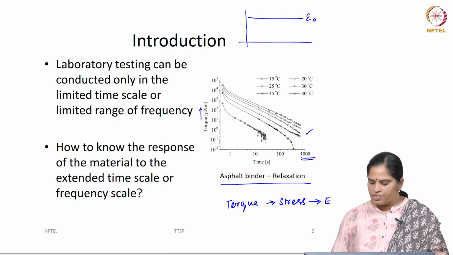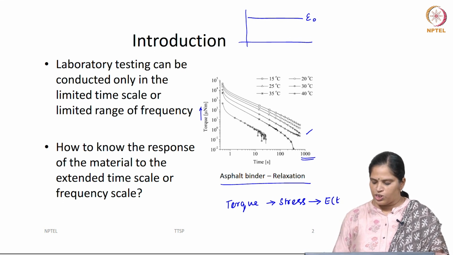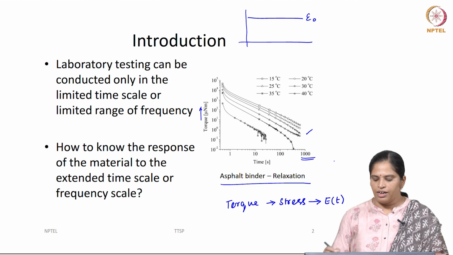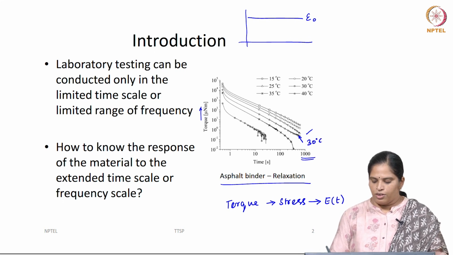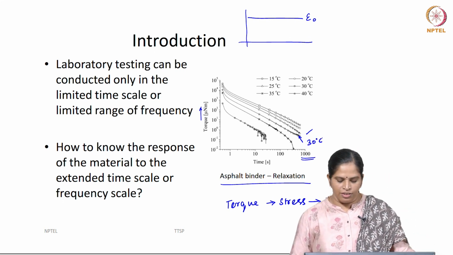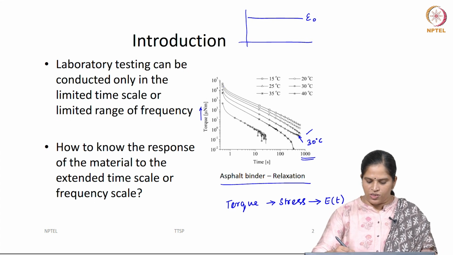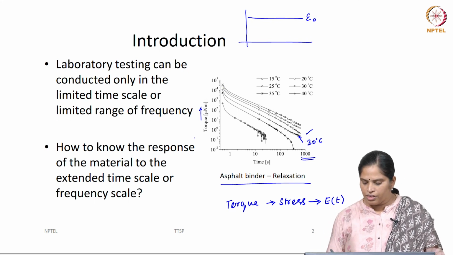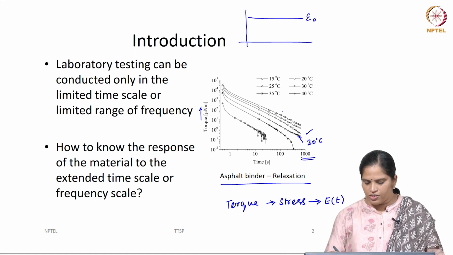So, if you see this relaxation modulus, it is a function of time. So, let us pick one temperature data. You have various temperature data here. Let us pick one temperature data, maybe corresponding to 30 degrees Celsius. So, if you see this plot, the relaxation modulus trend will also be same as the torque trend. So, at 30 degrees Celsius, the modulus value depends on the time.